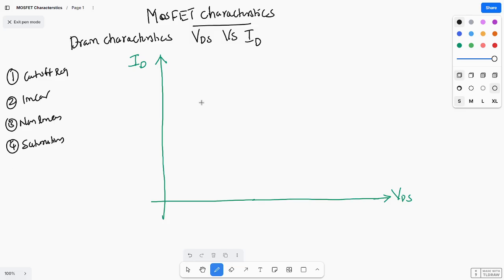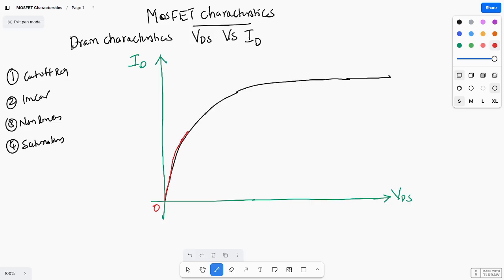So the curve will look like this. From 0, let us take till here.